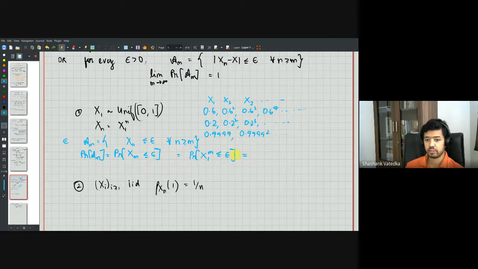So let's try to simplify this. This is equal to the probability that x1 is less than or equal to epsilon raised to 1 over m. Correct? That's easy.